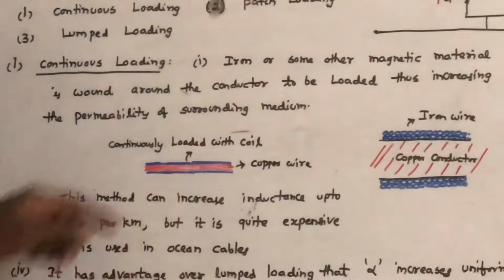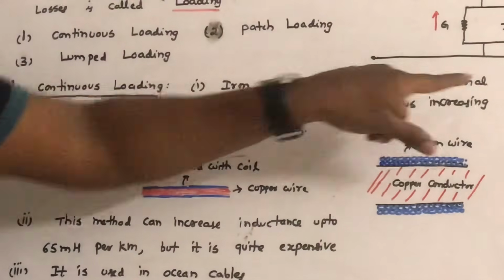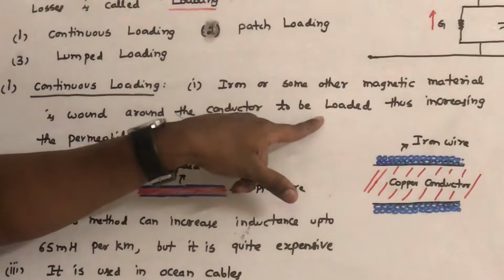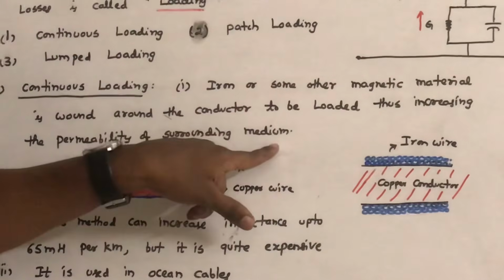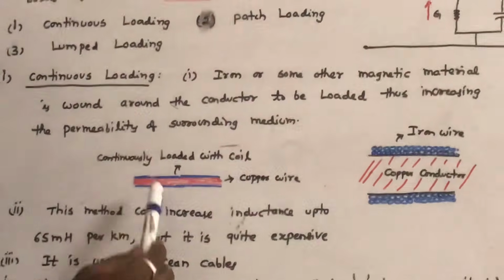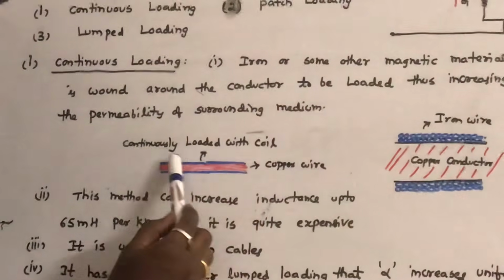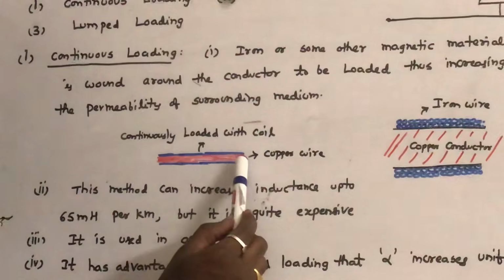So what is continuous loading? Iron or some other magnetic material is wound around the conductor that is to be loaded, thus increasing the permeability of the surrounding medium. In continuous loading, the copper wire or cable is continuously loaded through the entire length of the cable.